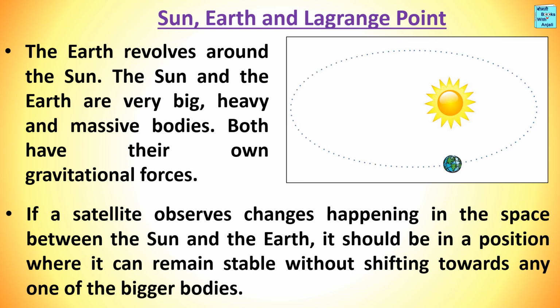Sun, Earth and Lagrange point. The Earth revolves around the Sun. The Sun and Earth are very big, heavy and massive bodies. Both have their own gravitational forces. If a satellite observes changes happening in the space between the Sun and the Earth, it should be in a position where it can remain stable without shifting towards any one of the bigger bodies.